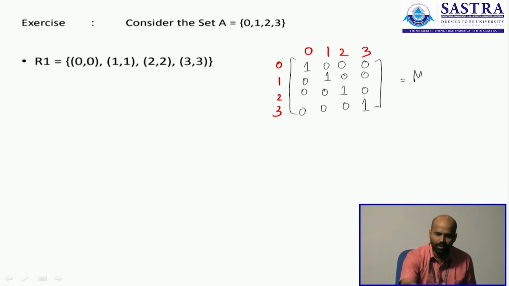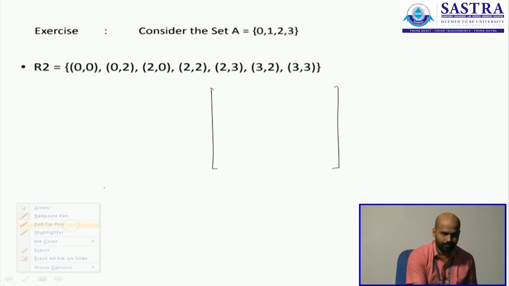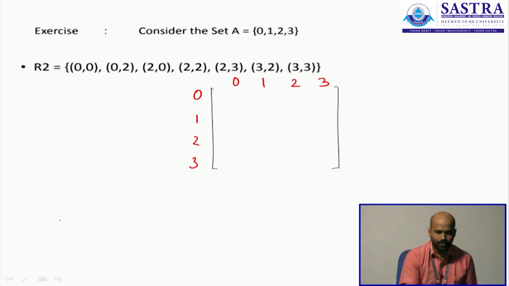I will call this MR1. Look at this, same set but a different relation. So it's still a 4 by 4 matrix. Zero zero is 1, 2 2 is 1, 3 3 is 1, 0 2 is included, 0 2, 2 0 is also included, 2 3 is included, and so is 3 2.